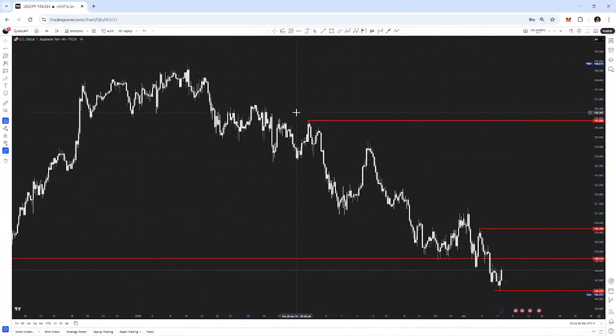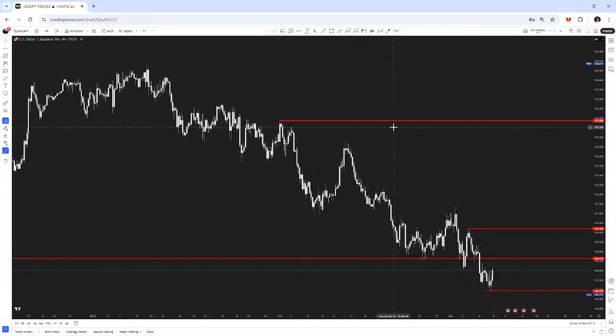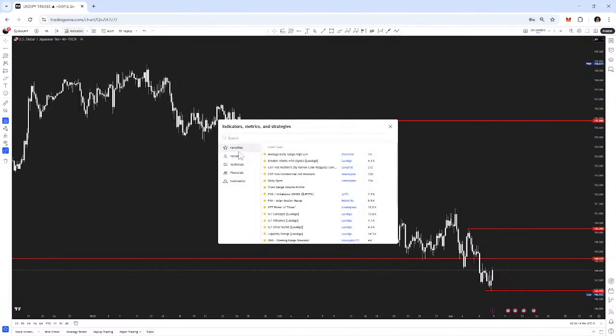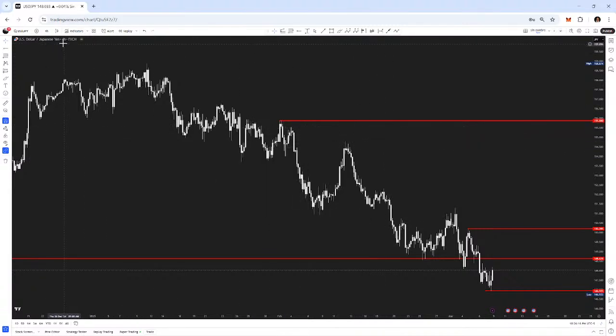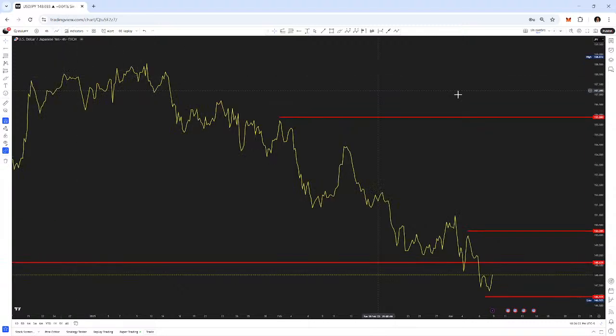But there are different ways to see the market. Whenever I'm struggling with swing highs and swing lows in the market, I go to the line chart, and it's very clear which are the true swing highs and swing lows.